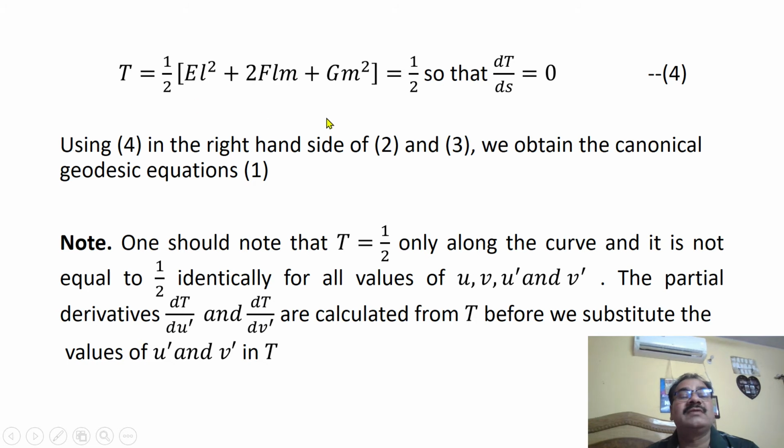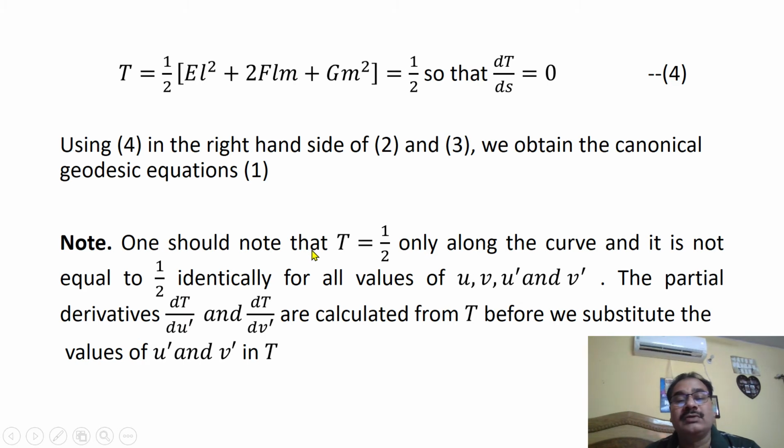Now, capital T is half of E l square plus twice F l m plus G m square, which is equal to half, so that dT by ds is equal to 0. This is equation number 4. Using equation 4 in the right hand side of 2 and 3, we obtain the canonical geodesic equation 1.